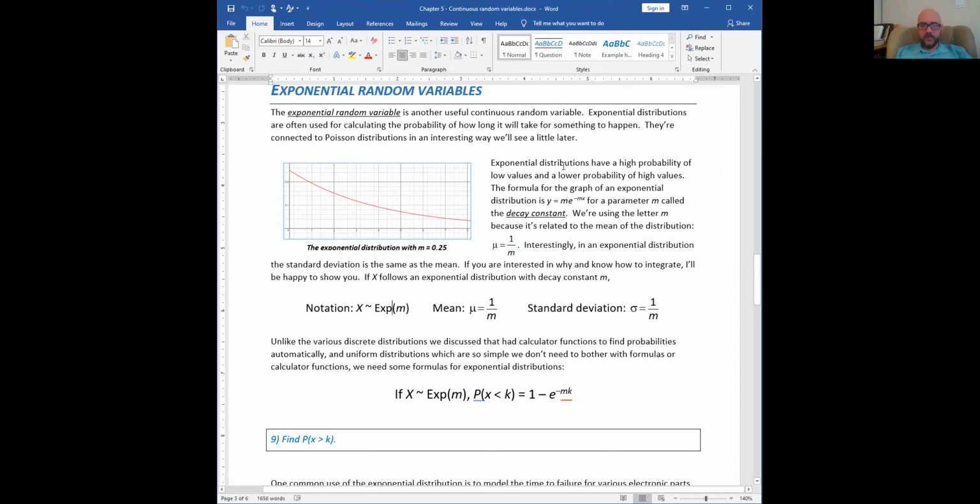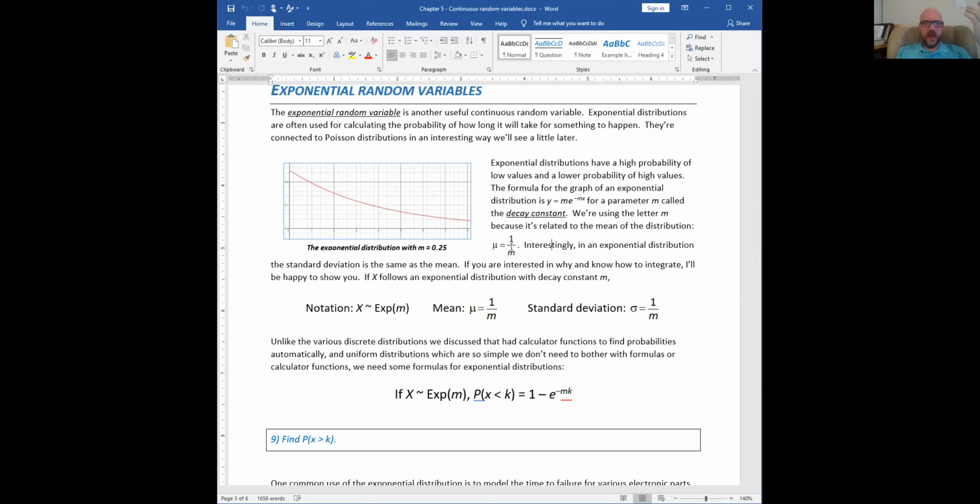So m is the decay constant, which is related to the mean of the distribution, which is 1 over m. We'll talk about that in just a second. If you know calculus, I'll be happy to show you why the mean would be 1 over m, but I can hint at why it's true.